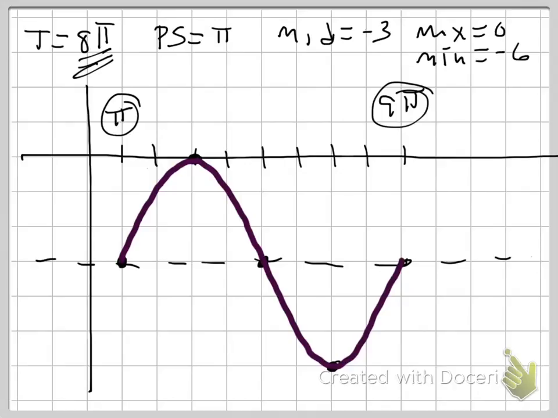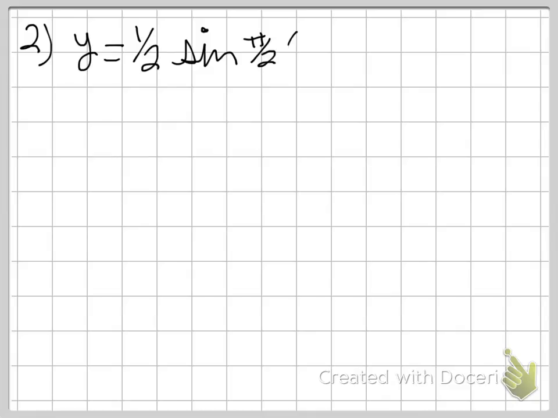Let's take a look at another one. In this one, we'll look at y equals 1/2 times the sine of pi over 2 times (x plus pi over 2), plus 2.